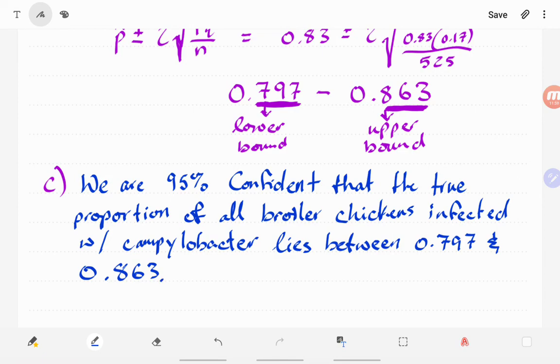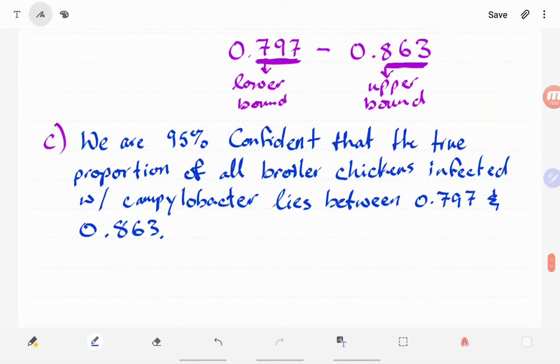Now, this is not saying that my true proportion is probably directly in the middle. My true proportion is just as likely to be close to 0.797 as it is to be close to 0.863. We are just confident that it is somewhere between these two values.